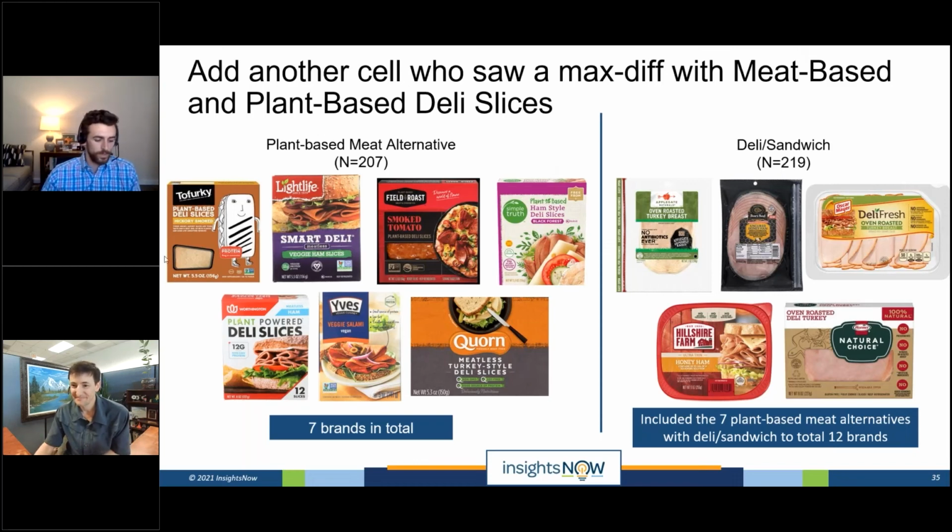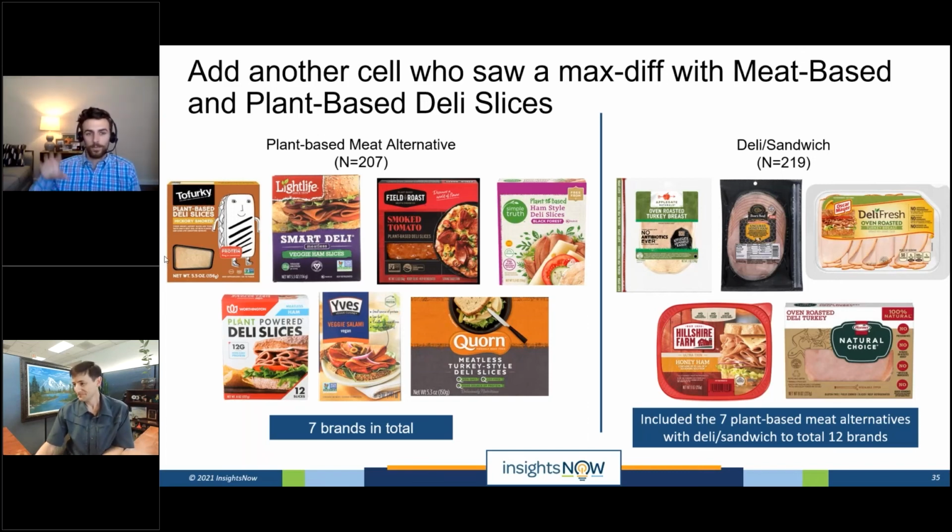So with the two different cells, we had the plant-based and then the combination with the meat-based deli slices, and you can see here the additional 5 brands that were included in that meat-based cell, including a plastic tub from Hillshire Farm.